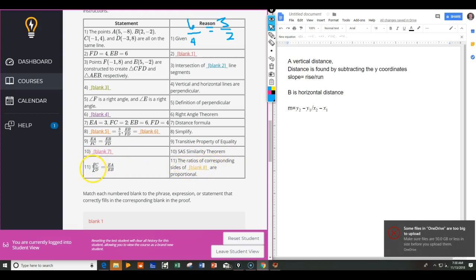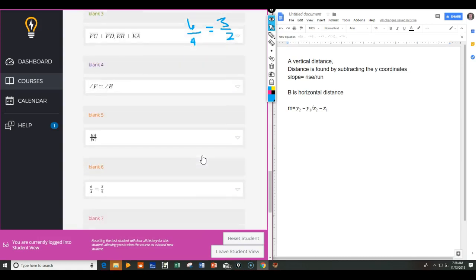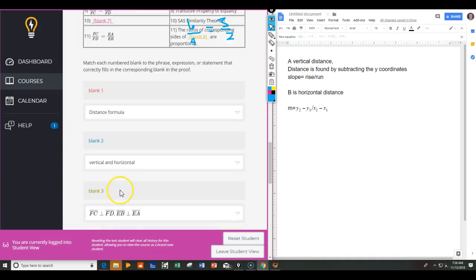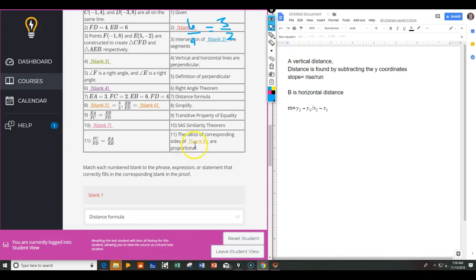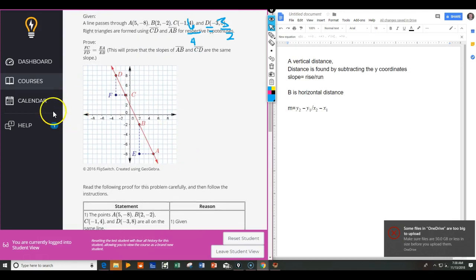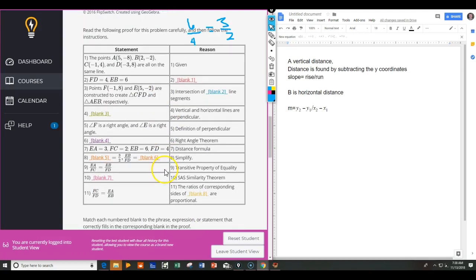So segment FC divided by segment FD is equal to segment EA divided by segment EB. So ratios of corresponding sides of, we just proved that we had similar triangles. So maybe we have similar triangles there as an option. We do. So the ratios of corresponding sides of similar triangles are proportional. So I hope that helps, and I hope that you could see how I used the previous question to help me go through these statement and reason ones.